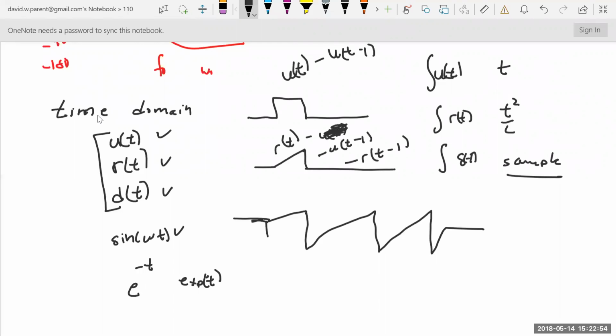Now here I kind of have r(t), then it's u(t minus 1), because it goes down by 1, or maybe, if that's 2, or if that's minus 1 and that's plus 1, then it's like 2, because it went down by 2 units. But I didn't flatten it out, so it keeps going back up. So then I've got to subtract it again. But now I'm at, let's say, minus 2.